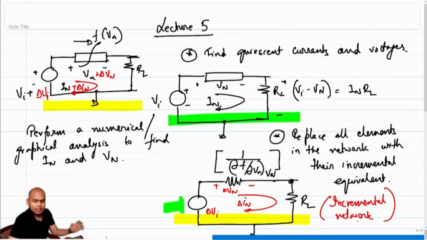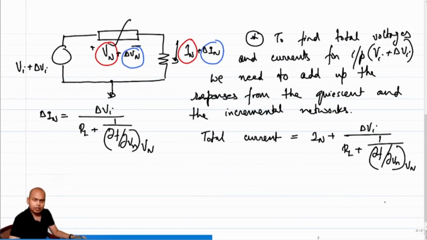So in essence, there is a maximum limit of delta Vi, beyond which these incremental linearized models are not valid, right? In this course we will not breach that limit, but it is always instructive to keep that at the back of your mind.